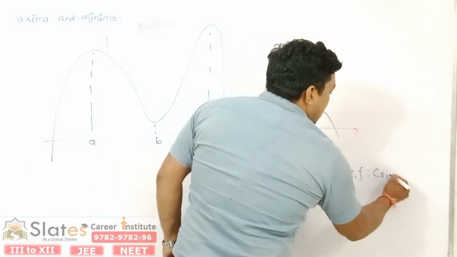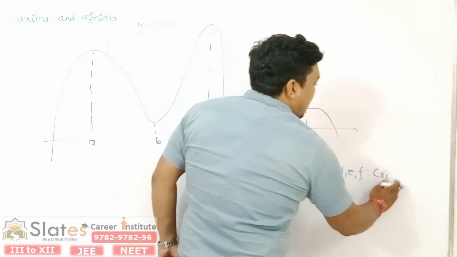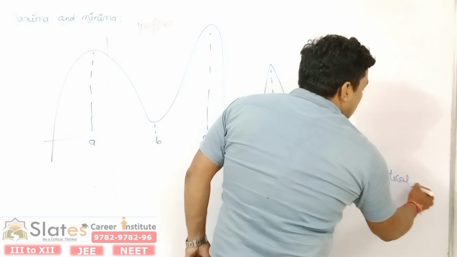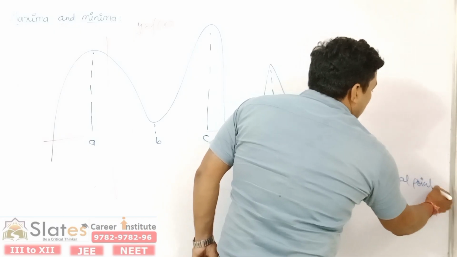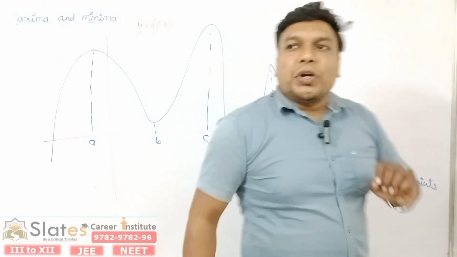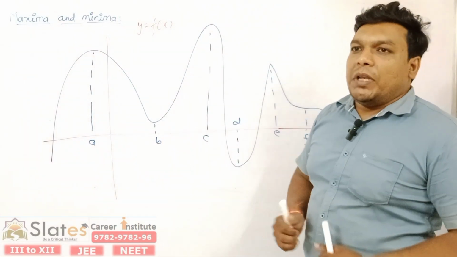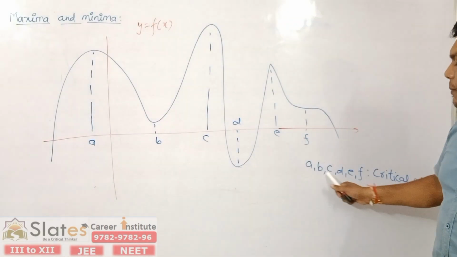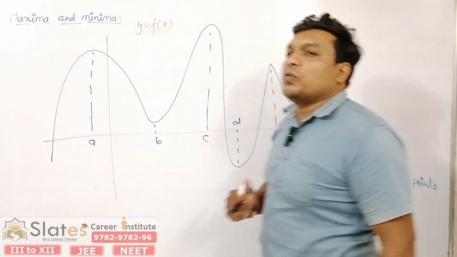These are all critical points. Most important thing, critical points. This is a very important topic from the point of view of maxima and minima. What are critical points? A, B, C, D, E, F. So what is the definition of critical points?